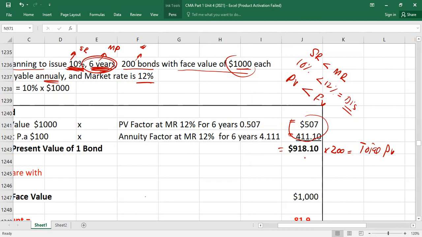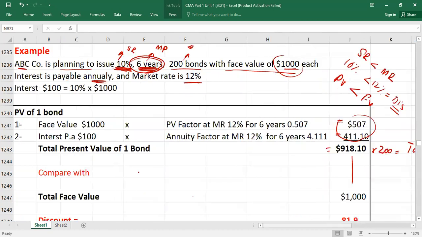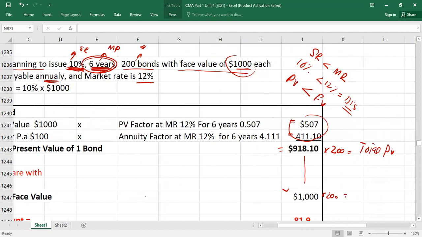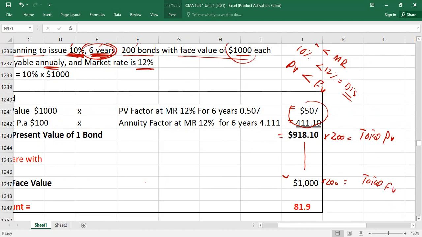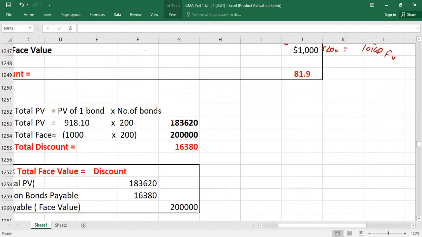And this I will compare with the face value of the bond. And face value for one bond is how much? 1,000 multiplied by 200. This is going to give you the total face value, right? Right or wrong? So your total present value and total face value will be this. Total present value will be 183,620, and total face value will be 200,000.